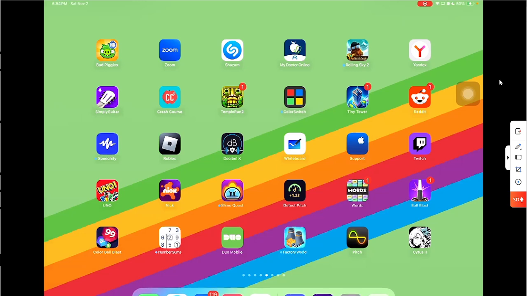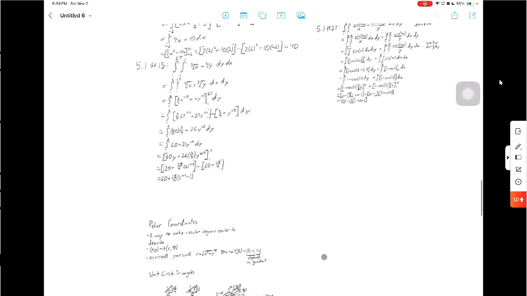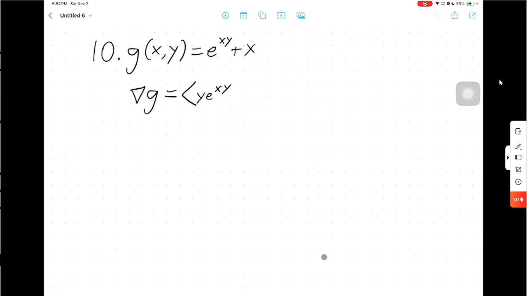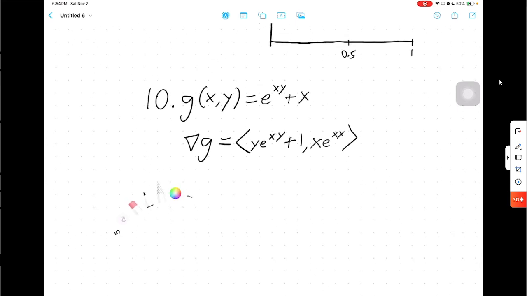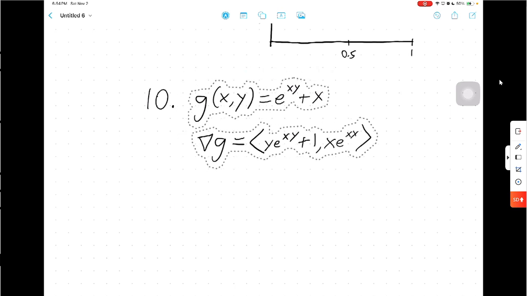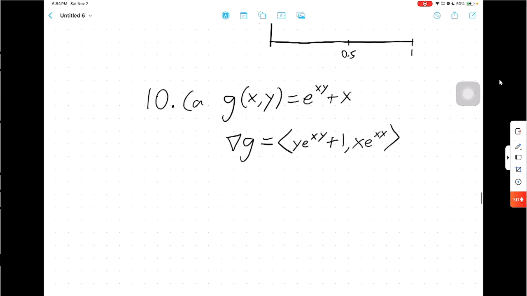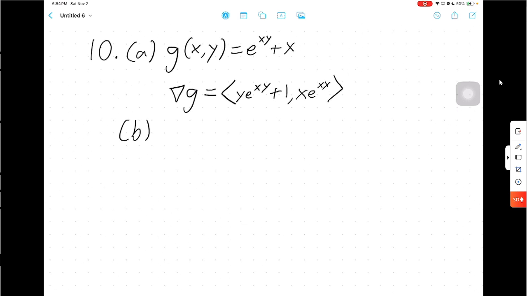Find the directional derivative of g at (1, 0) in the direction of (1, 1) and then in the direction of (-1, 2). So first I'm going to just say u is equal to (1, 1).